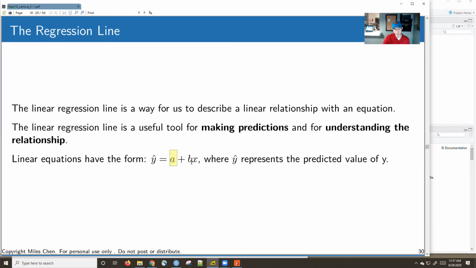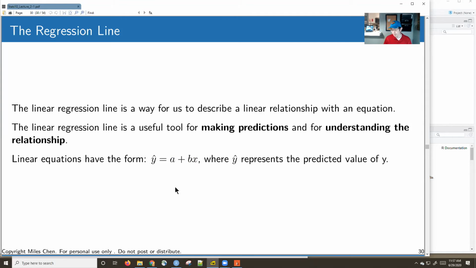In algebra it was y equals mx plus b, and in this class we're going to use y equals a plus bx. Here the slope is the letter b and the intercept is the letter a. The slope is whatever is being multiplied by x, and the value that stands alone is your intercept.